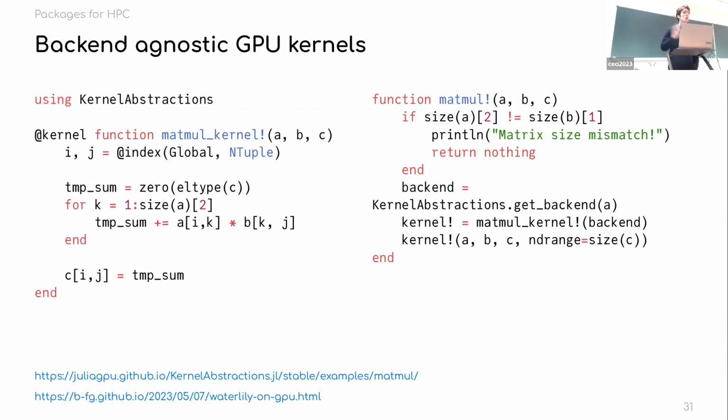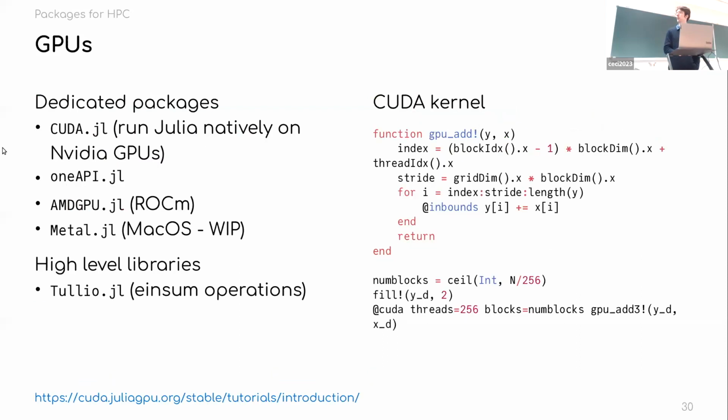And it's going to automatically generate the correct kernel code for you. So on the left here, I'm defining the kernel for a matrix multiplication. And it's a sort of unified or simplified version of what we had on the previous slide. So first I get the index. You can check the documentation for what all of this means, but I think this is a matrix multiplication kernel that's going to be valid for any of those libraries here.